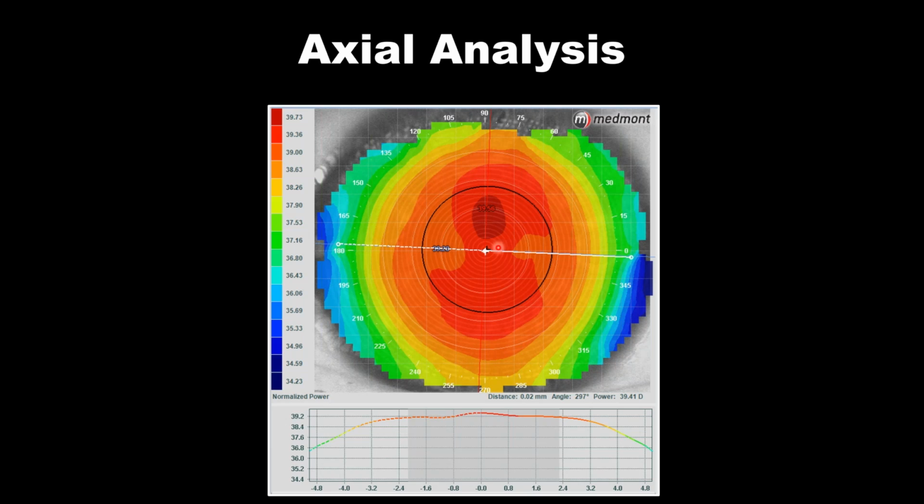Is there a defined flat meridian, 90 degrees separated from a defined steep meridian? Is the inferior hemisphere a mirror of the superior hemisphere, the nasal a mirror of the temporal? Can we expect that when light passes through this anterior surface, it's going to bend itself appropriately to the retina? So that's your axial analysis.